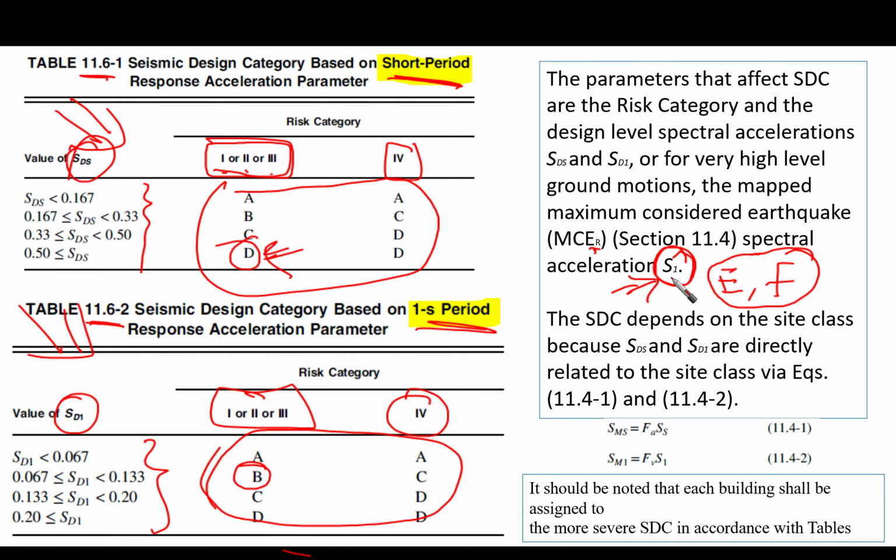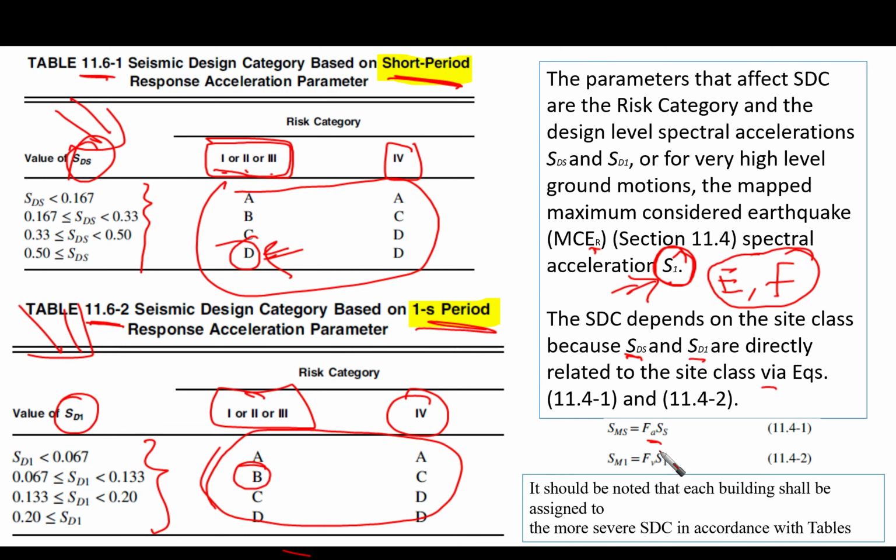This is the mapped one. Do you remember the first lecture where I was talking about this, the mapped one? We have the mapped acceleration, we have the maximum spectral acceleration, and we have the design spectral acceleration. Here they are using the design spectral acceleration, but here we are using the mapped one. The SDC depends on the site class because SDS and SD1 are directly related to the site class via equations.